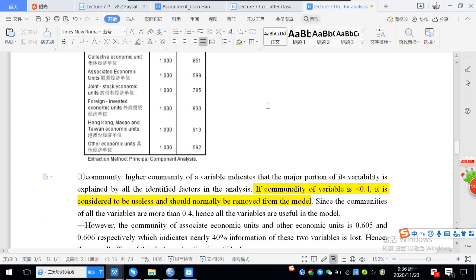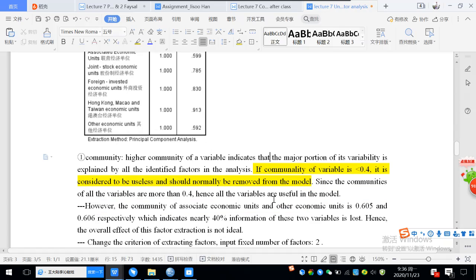Remember here? However, we have two variables that are less than 0.6. Here is 0.599 and 0.592.